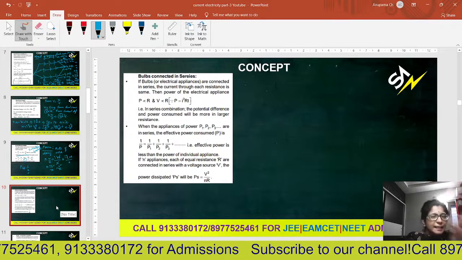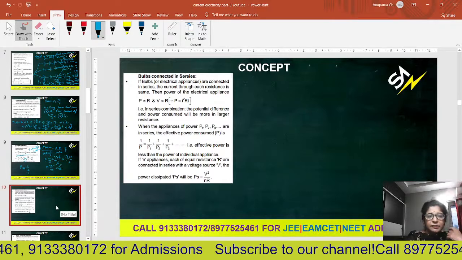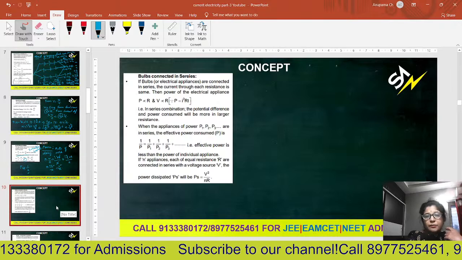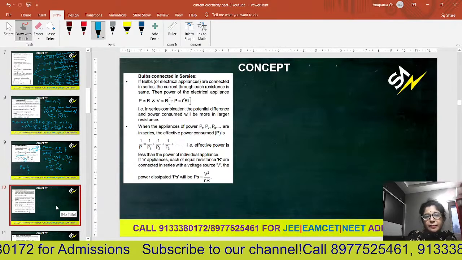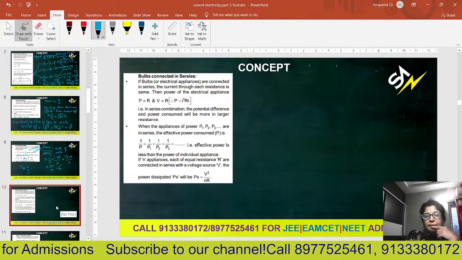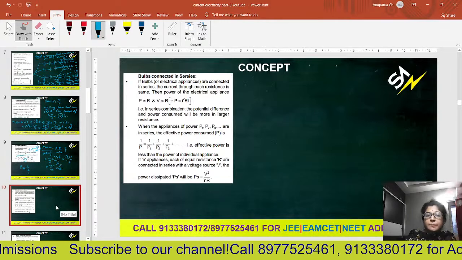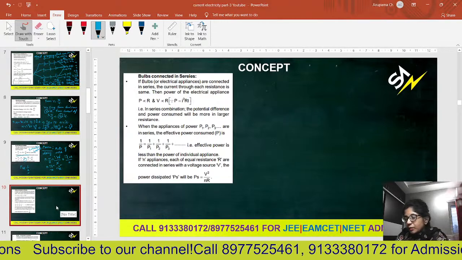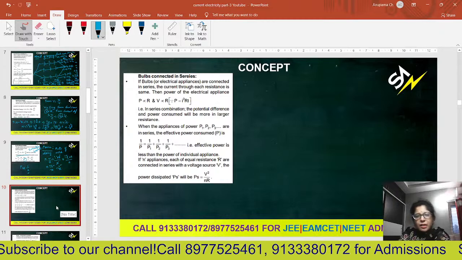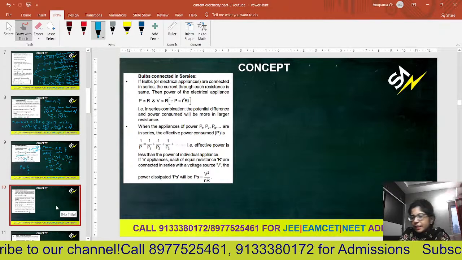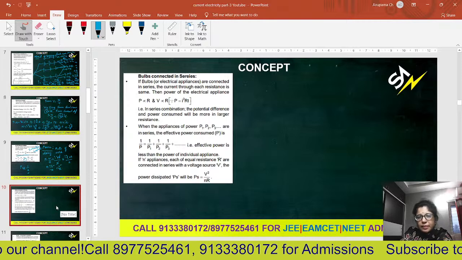But for any electrical appliance you take, P is proportional to R. So in this way, electrical appliances you can give here.